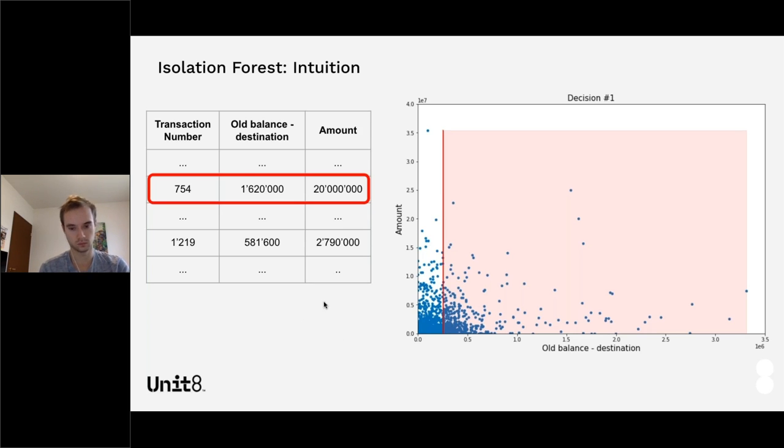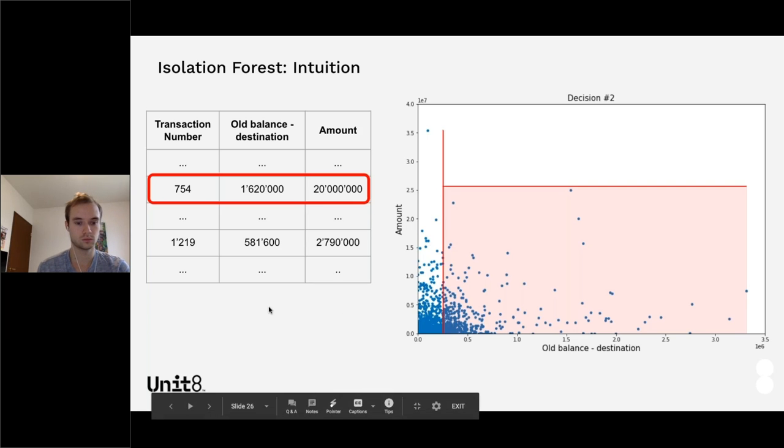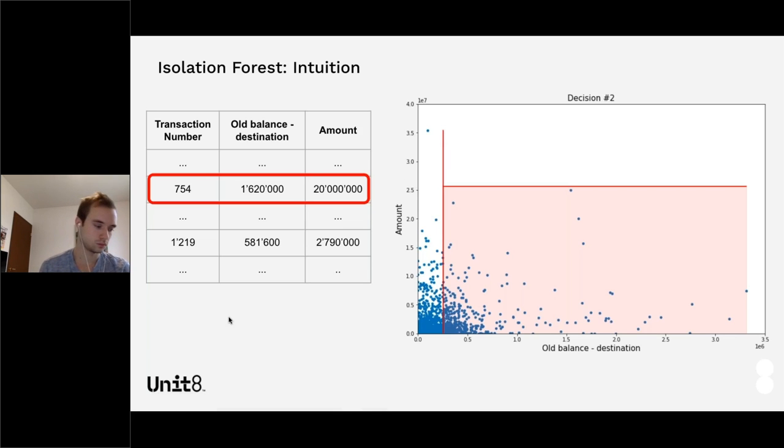Next, we disregard all data points that are not on the same side of the decision boundary as point A. So all this left side of the vertical line is eliminated. Now we repeat the process. We have a second random dimension and a second random value. Here, the y-axis and the value 2.5.